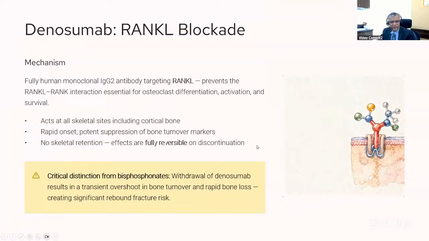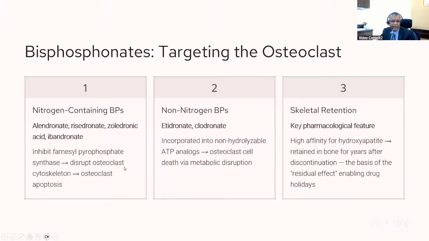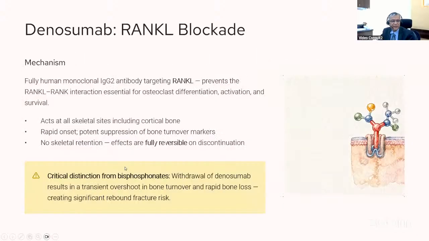Effects are fully reversible on discontinuation. Unlike the nitrogen-containing bisphosphonates, this drug ceases its effect when you stop it. So when you stop denosumab, you have to follow it up with another drug to maintain the bone. You have to keep giving this at frequent intervals of every 6 months.